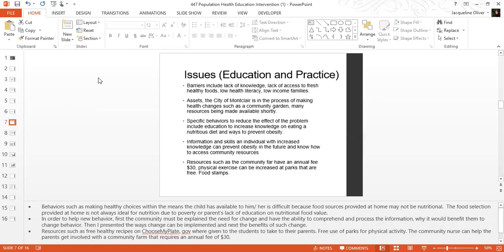The issues were behaviors: making healthy choices within the means of the children is difficult because it is within the means of the family unit that they live in. Some families are more driven by financial means, not by the nutritional value of the foods. In order to help with new behavior, you have to create motivation.